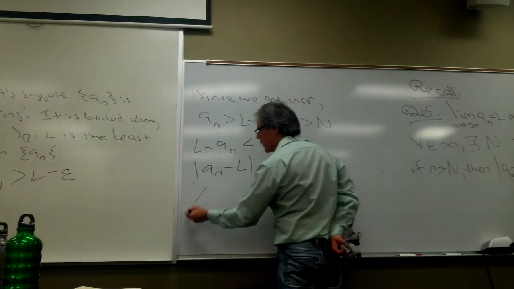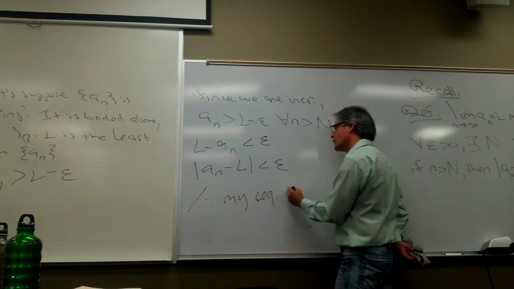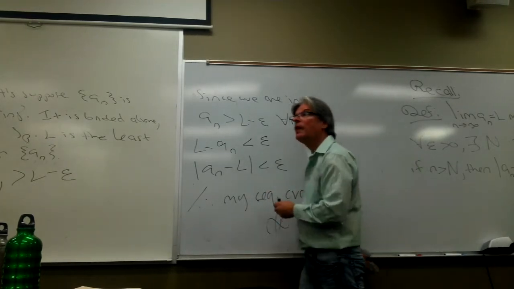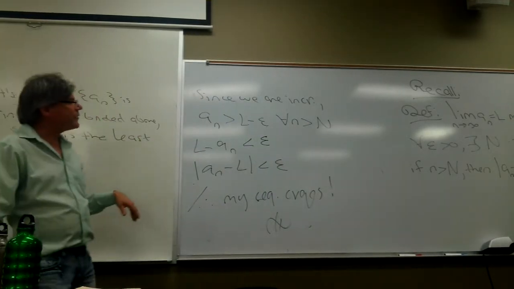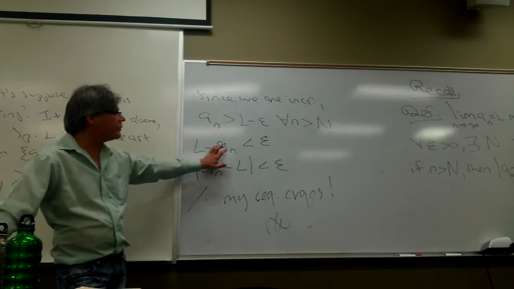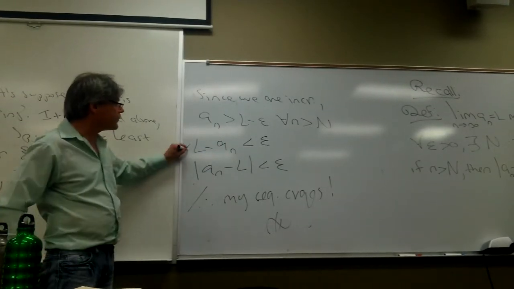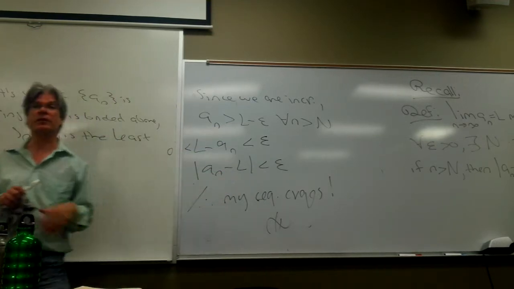Therefore, I do maintain that my particular sequence converges. And that is significant. By the way, I'm not really cheating, because technically speaking, since the sequence is increasing, this really is a strictly positive value. I really do have the right to rewrite that in terms of inequality.